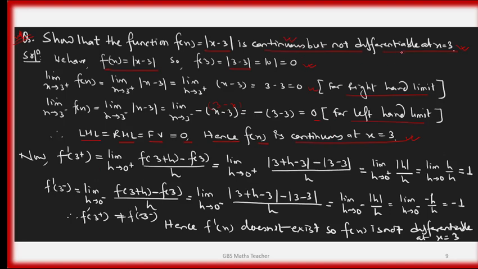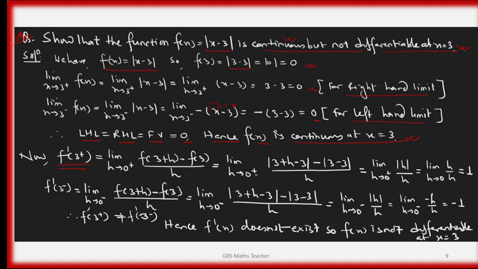Now we have to check whether it is differentiable at x equal to 3 or not. For that, let's take the right hand derivative: limit h tends to 0 plus of f of 3 plus h minus f of 3 by h, like f of a plus h minus f of a by h, as I have already shown.